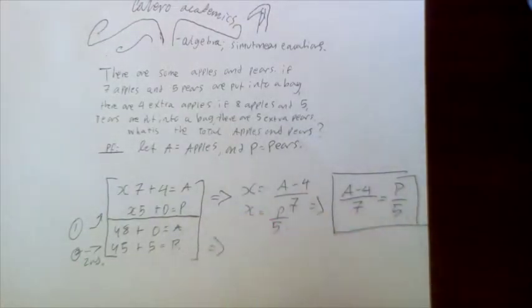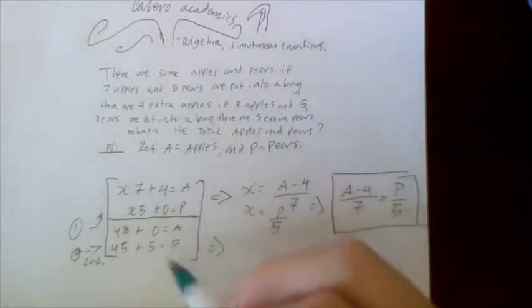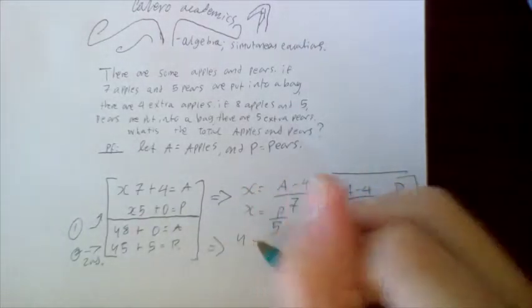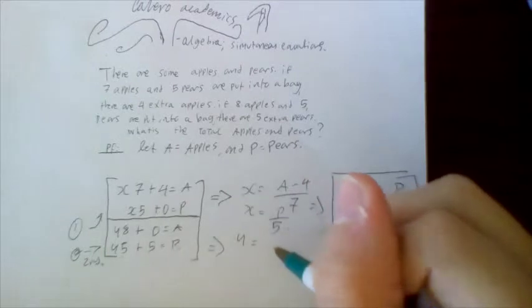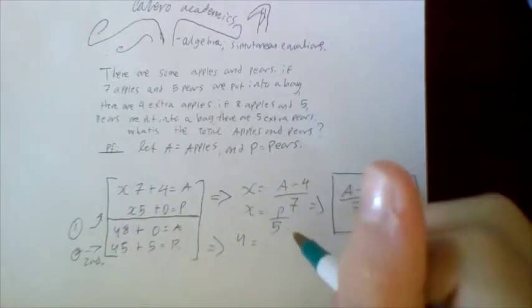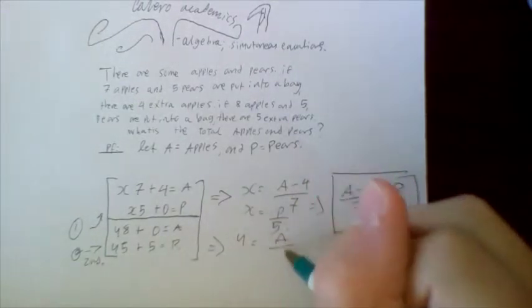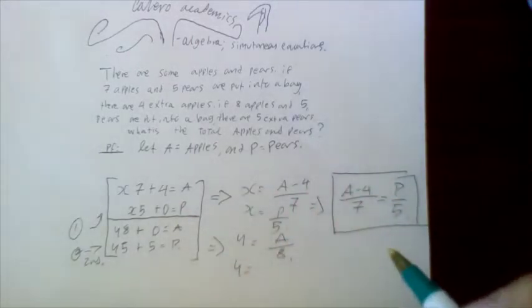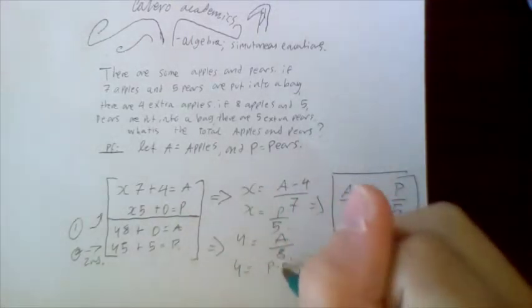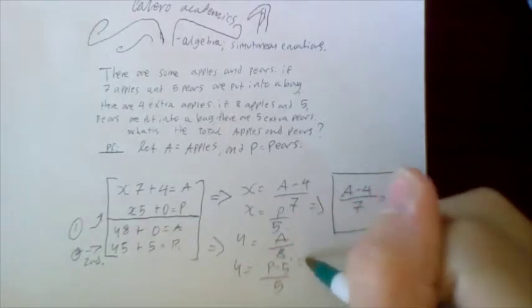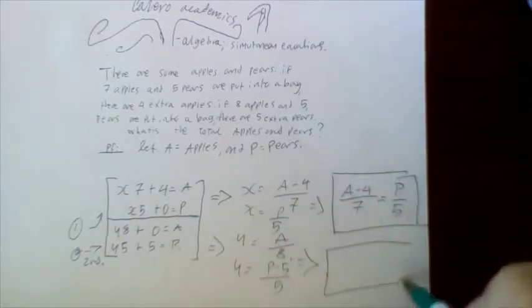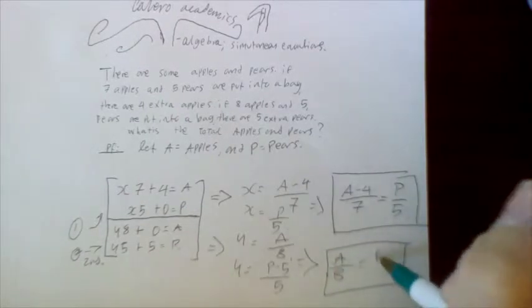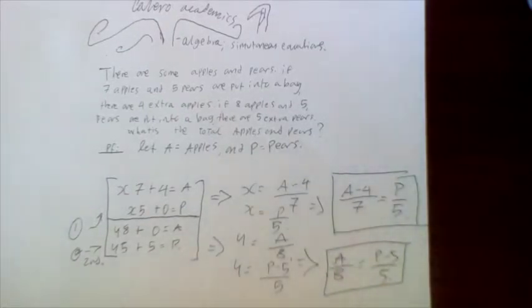The same for the second simultaneous equation: Y is equal to A on 8, and Y is also equal to (P minus 5) on 5. So we equate the sides and get that A on 8 is equal to (P minus 5) on 5.